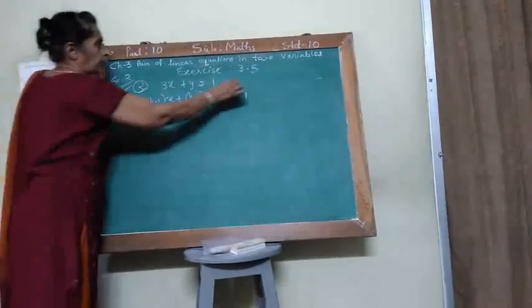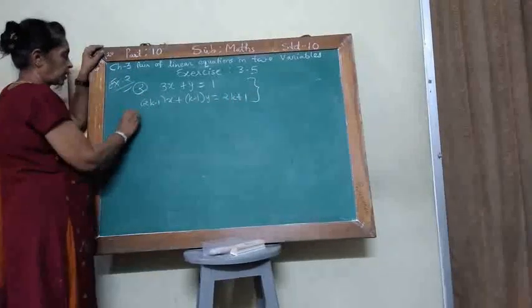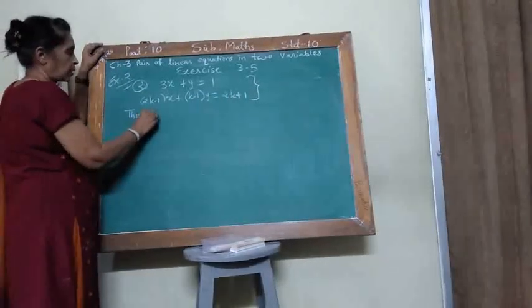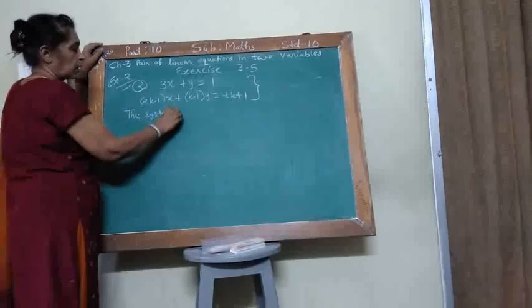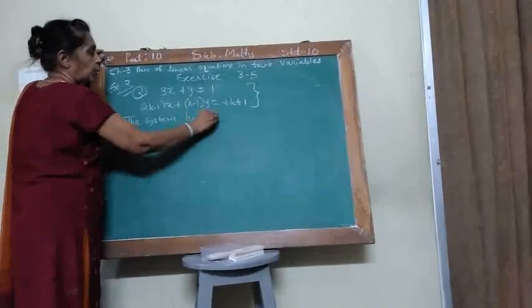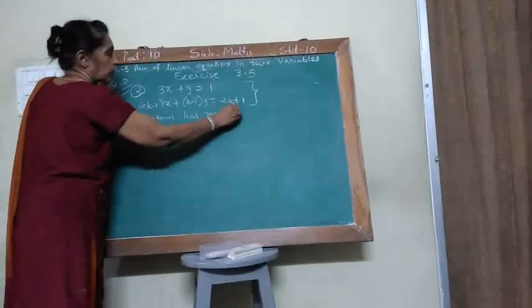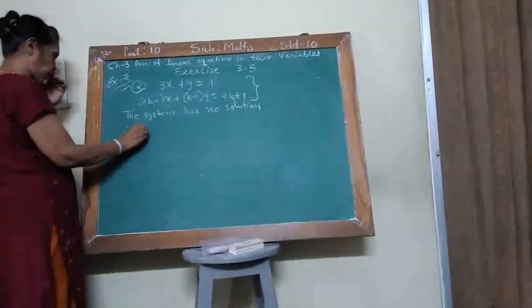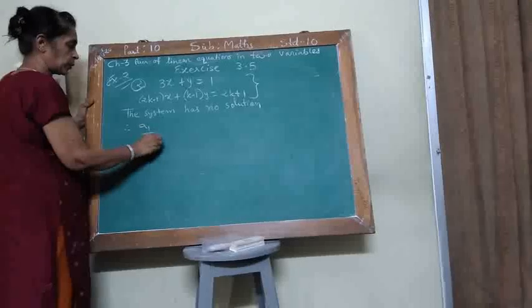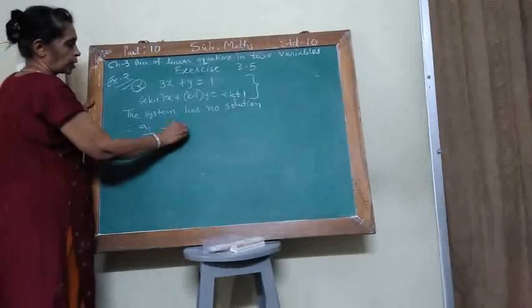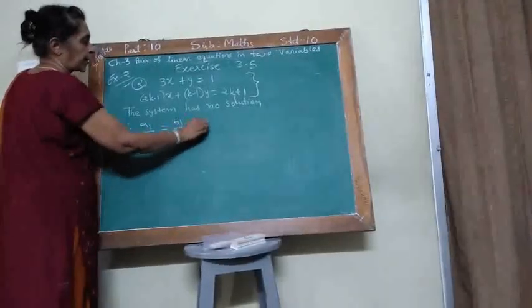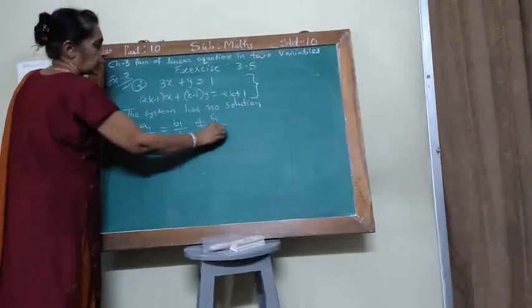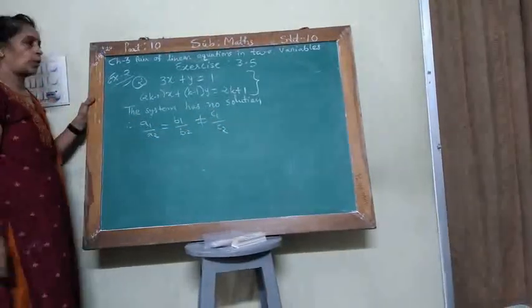So here we have to write that the system has no solution. That means A1 upon A2 is equal to B1 upon B2, first two ratios equal, but the third ratio is not equal. And you have to find the value of K.